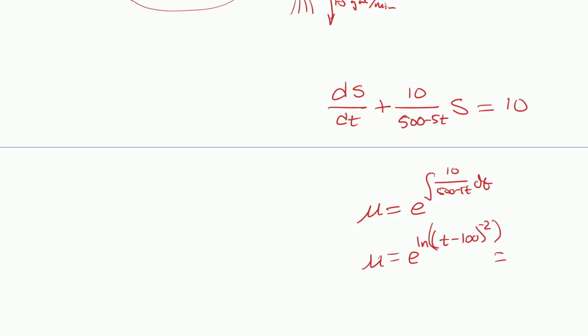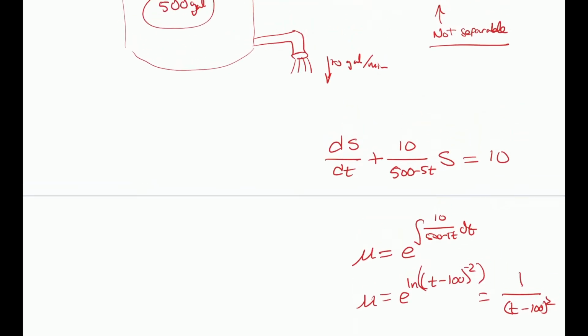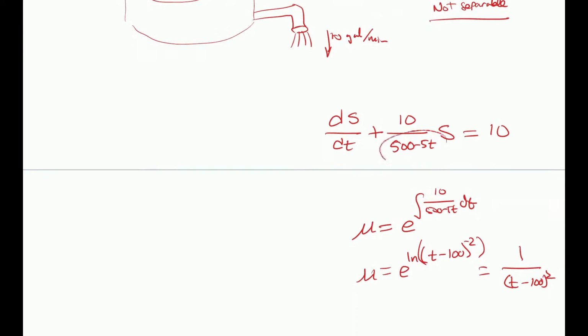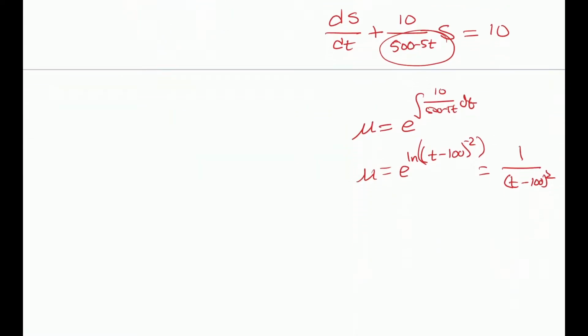So that means that this is going to be 1 over t minus 100 squared, interestingly. It is related to this because that's 100 minus t, well, 5 times 100 minus t. Anyway, presumably you could multiply through, do some work that I'm not willing to do at this moment, and get the answer. But at least we got another step closer.